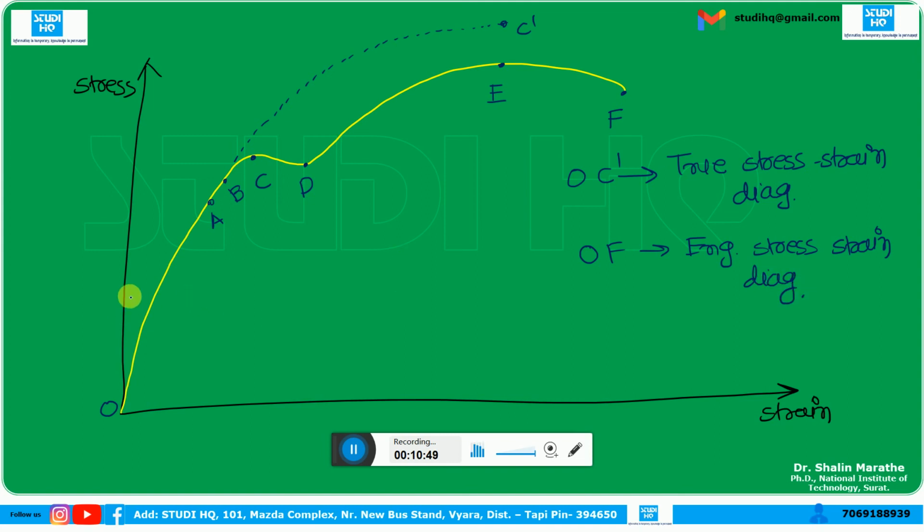So that is the difference. You can clearly see this is the higher value in comparison to this lower value. This lower value is of engineering stress and strain. This higher value is of true stress and strain.